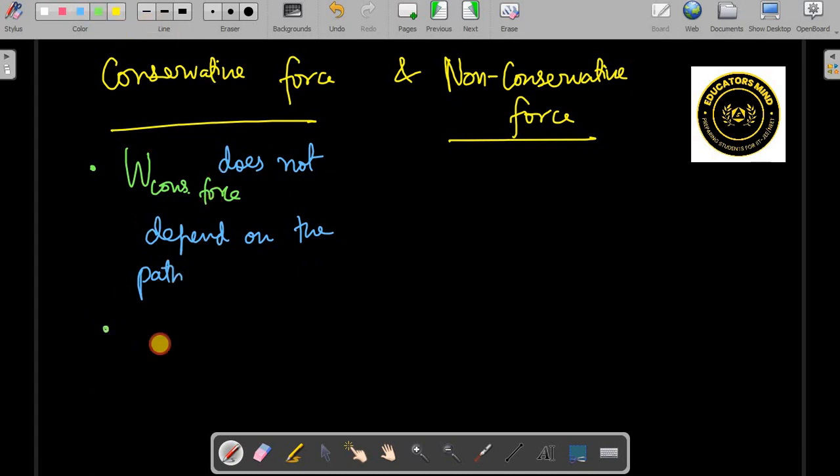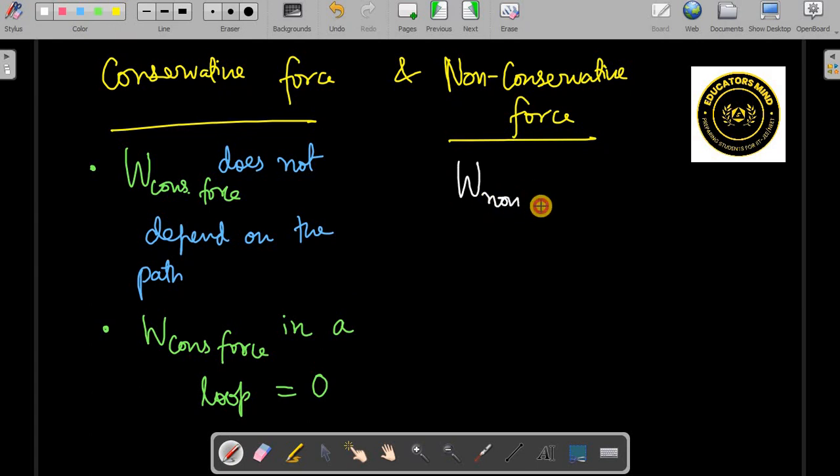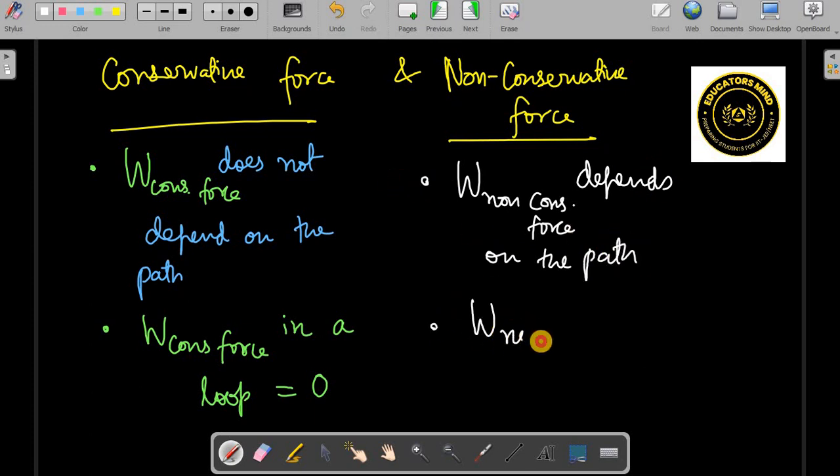And the work done by a conservative force in a loop is equal to 0. Similarly, the work done by a non-conservative force depends on the path, and the work done by a non-conservative force is not equal to 0 in a loop.